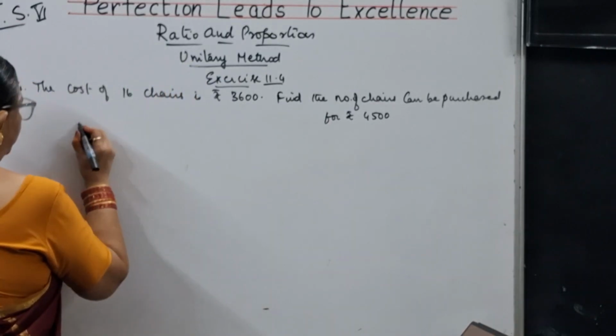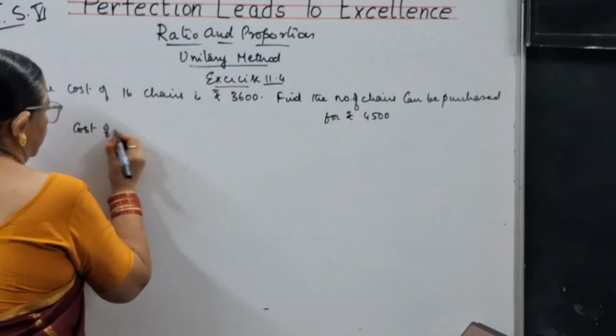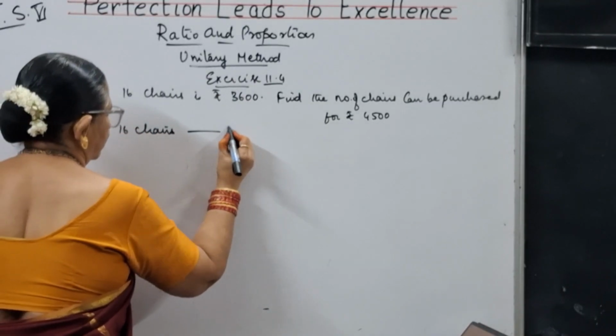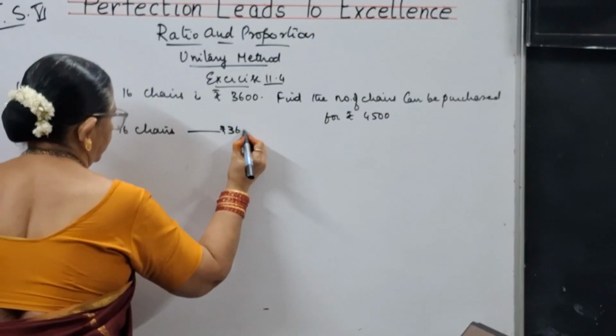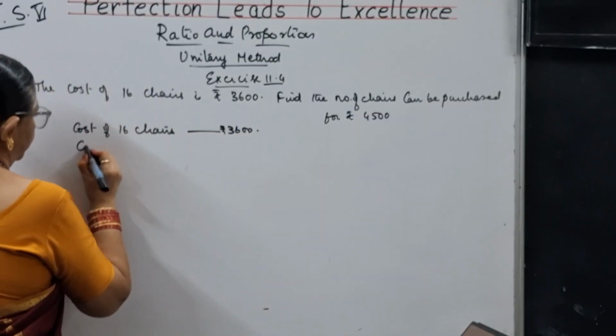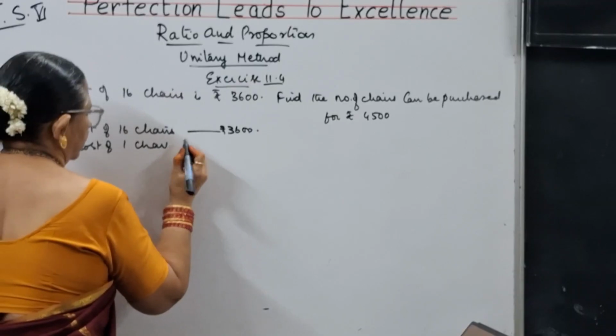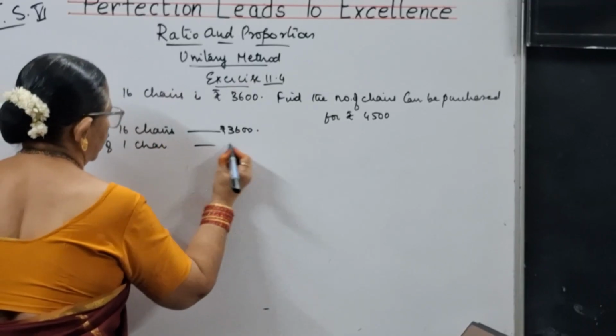So first, cost of 16 chairs is 3600 rupees. So find out first the cost of one chair. One chair is how much?